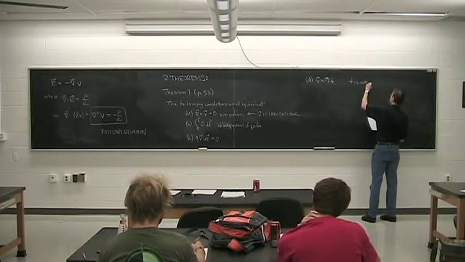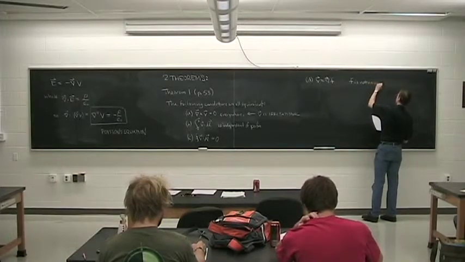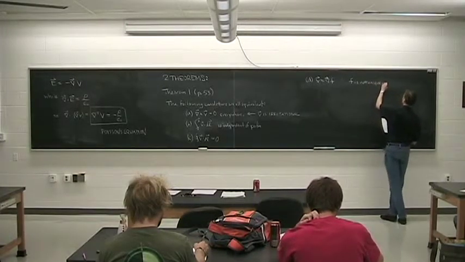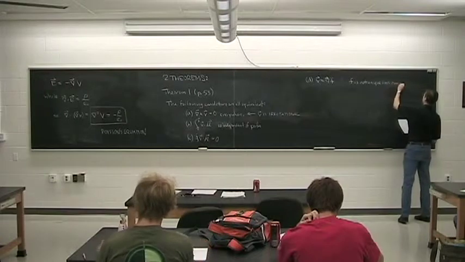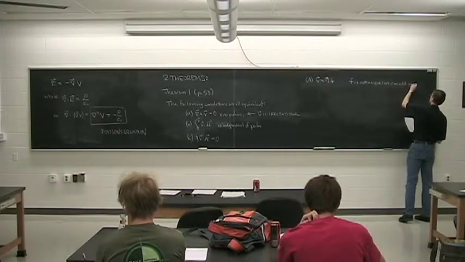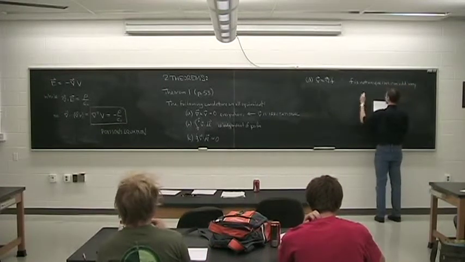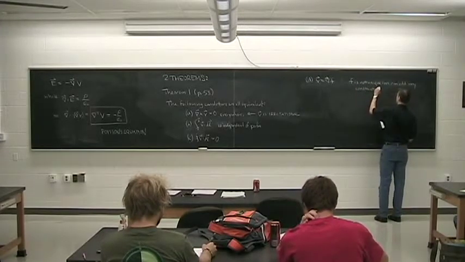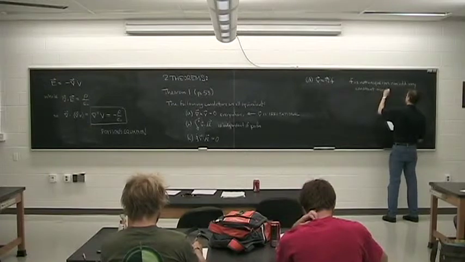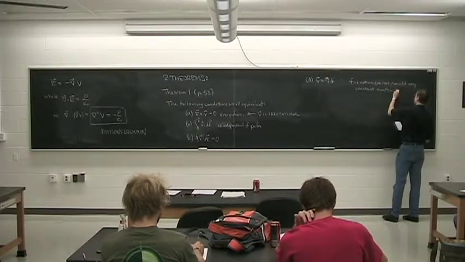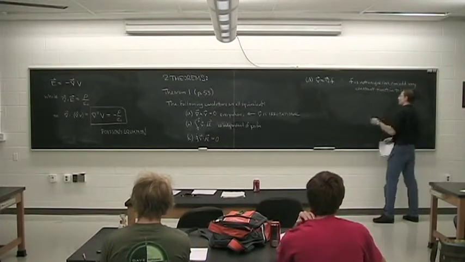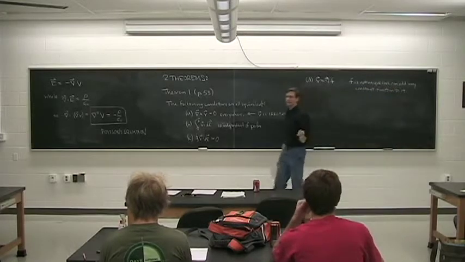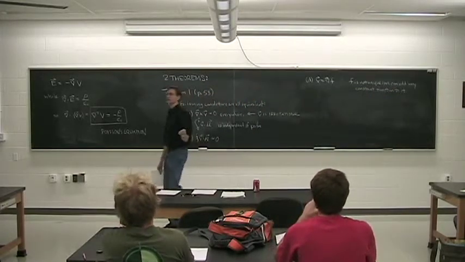F is not unique. We can add any constant to it. Maybe we should call it a constant function. In other words, a function which is the same everywhere in space. Because the gradient of a constant is, of course, 0.